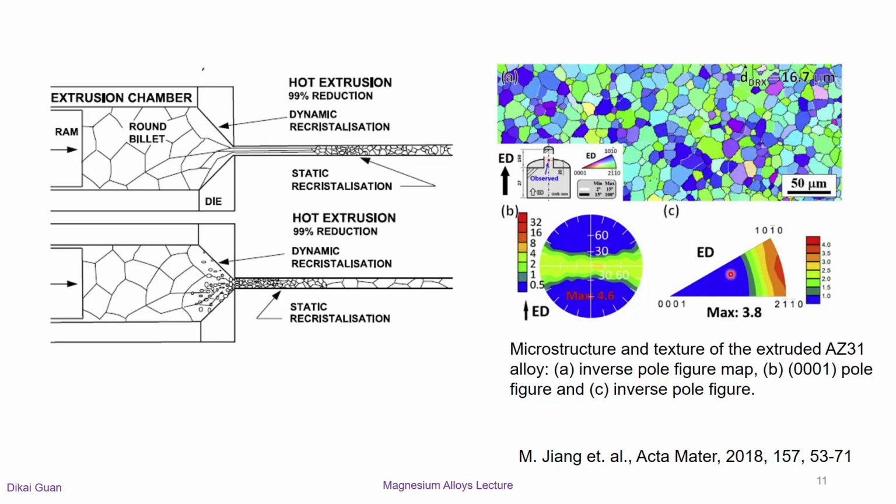The extruded alloy exhibited a fully dynamic recrystallized and homogeneous microstructure with an average grain size of 60.7 microns.